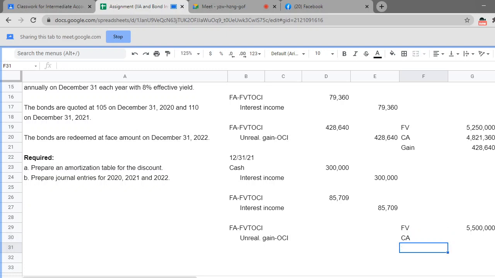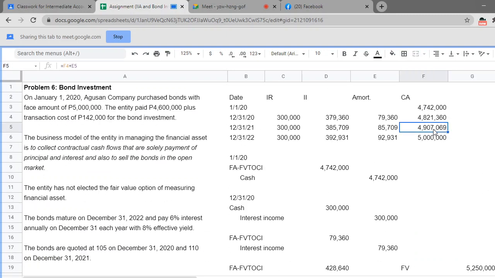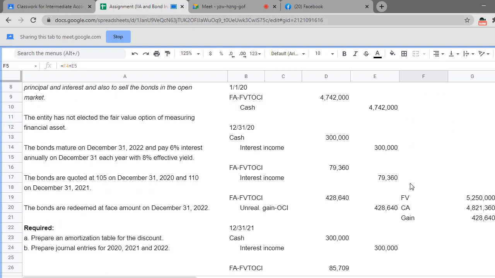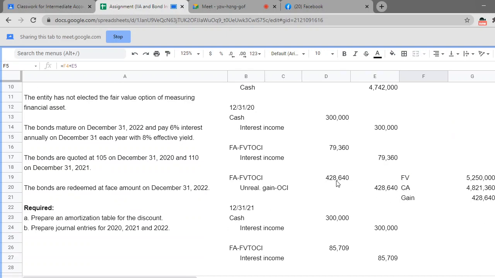And the carrying amount is ito. How much is the carrying amount? So is the carrying amount still kani? I am doubtful na mao na ang carrying amount. Nganuman, remember na atay gain nga na-recognize ito.